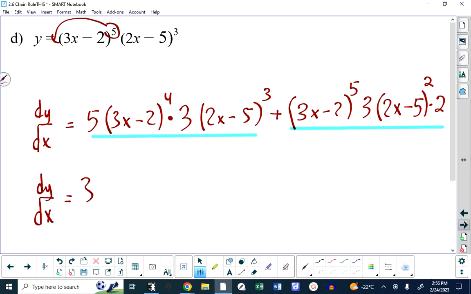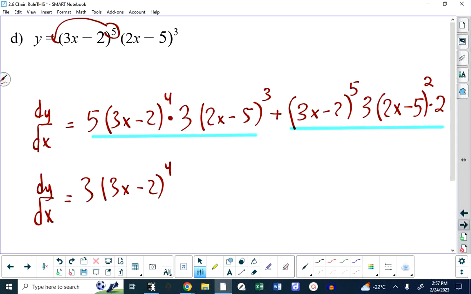I definitely have, and I think you can kind of intuitively understand this. When you use the product rule or the quotient rule and you have powers of the top and bottom or powers of the first and second, you're going to be able to factor out some of those powers. I have 3x minus 2 in both. I'm going to factor out the 4 because they both contain at least 4.